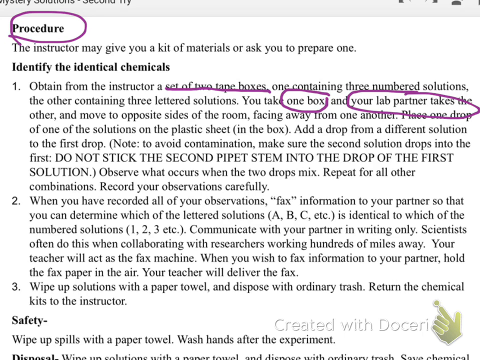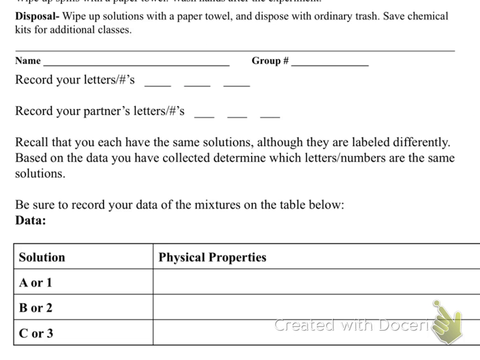Your job is then to collect some observations. You will collect your observations first in this data table. In this data table, you are going to select: are you letters? Then you can circle the letters.